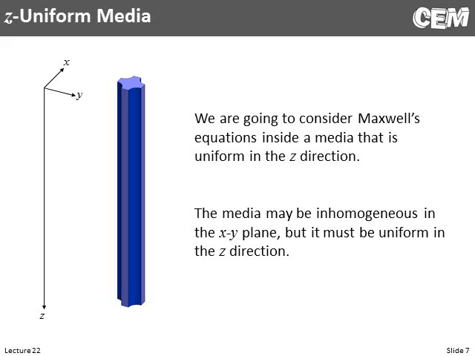From there, we are going to analyze Maxwell's equations as if we are in the smack middle of some structure, some layer that is perfectly uniform in the z direction. It can have whatever complexity it wants to in the x and y plane, but it's perfectly homogeneous and uniform in the z direction, and we are analyzing electromagnetically the cross-section of this. So I'll call that a z uniform media.